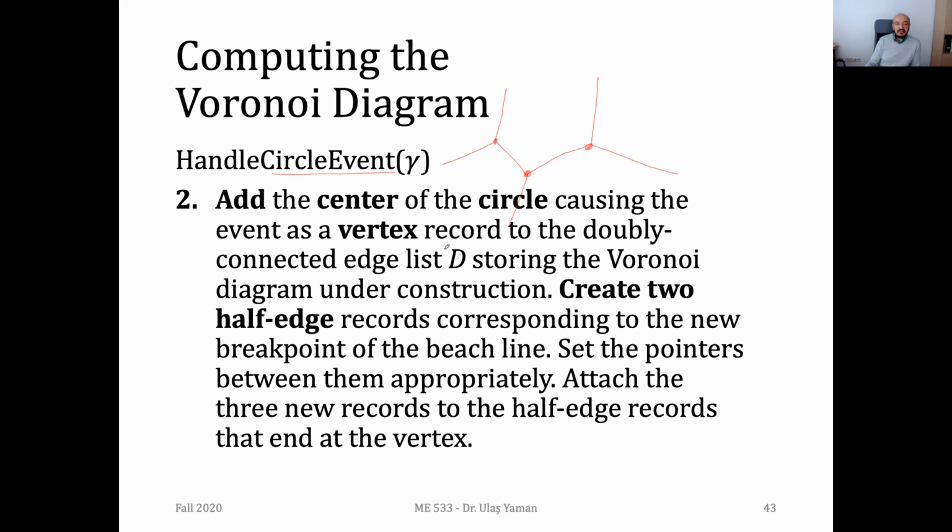We need to store it into our output data structure, which was the doubly connected edge list D. While we are handling it, since you are merging two edges and a new half edge might be created, you need to store it into the proper data structures and assign some pointers.